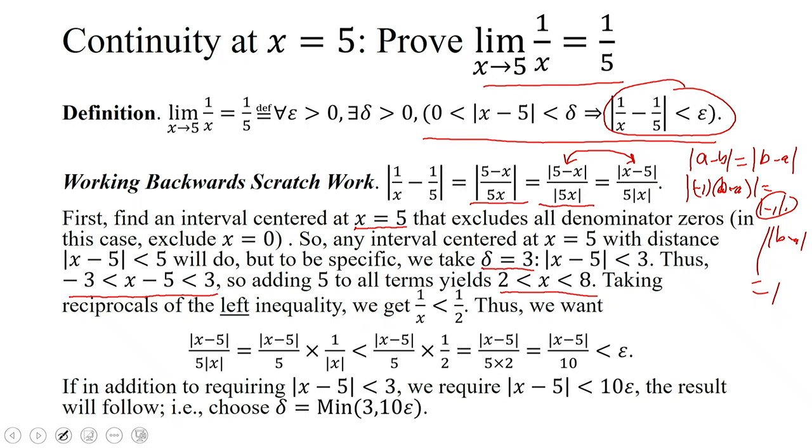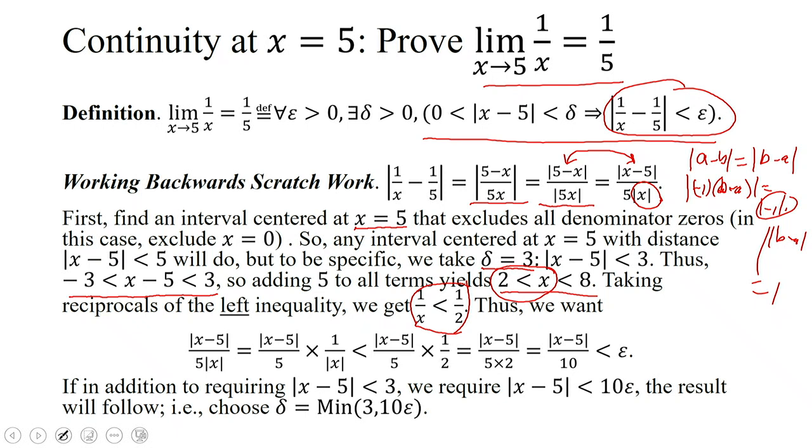Now, you'll notice that we have x in the denominator, so we need to bound 1 over x. And in order to do that, we want to take reciprocals of 2 less than x, because when we take reciprocals, we'll get a half is bigger than 1 over x. So that gives us the bound on 1 over x.